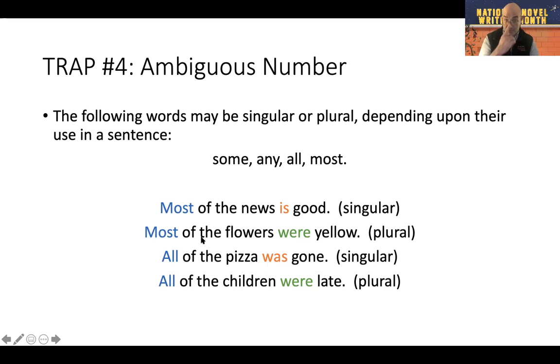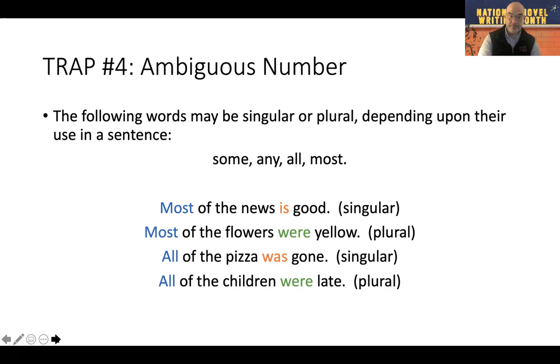Right? Now, it's just important to remember that news, flowers, pizza, and children, these are not the subjects of your sentence, right? Of the is a classic signal of a prepositional phrase, and prepositions by definition cannot be the subject of your sentence. So most is good, all was gone, most, all, those were the subjects of your sentence.